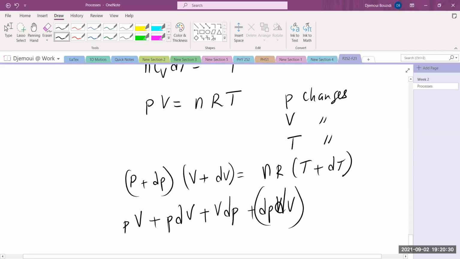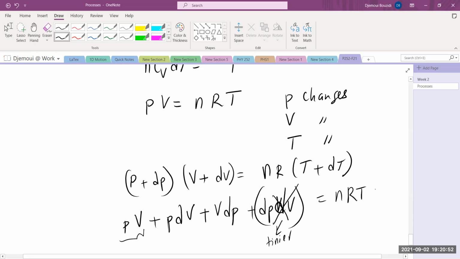This is already as small as is with dP. This is as small as is with dV. And I'm changing with tiny quantities, so the product of the two will be tinier. So I'm going to ignore it.